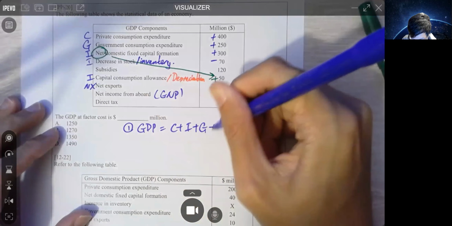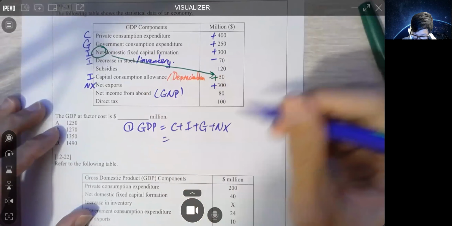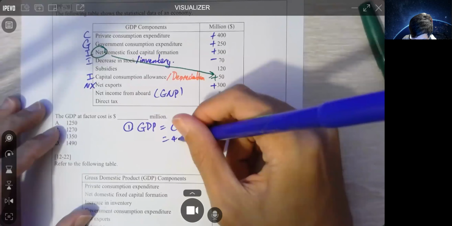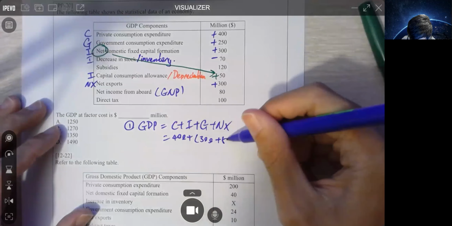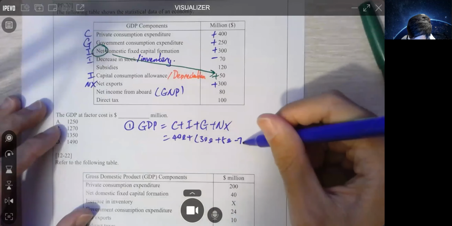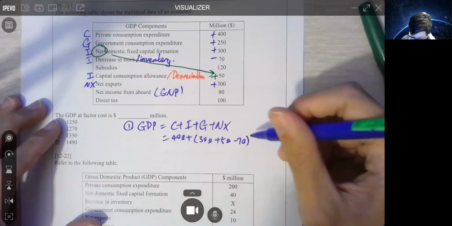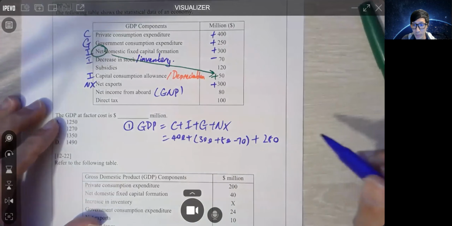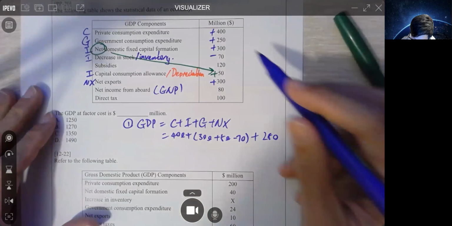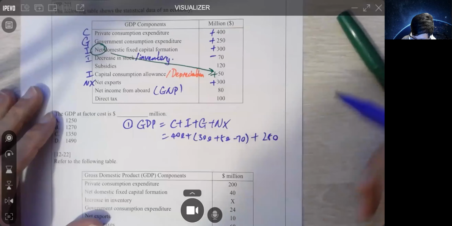CIGNX. C 400. I would be 300 plus 50 minus 70. G, right? G would be 250. Okay, 250. And then NX, yes, 300.